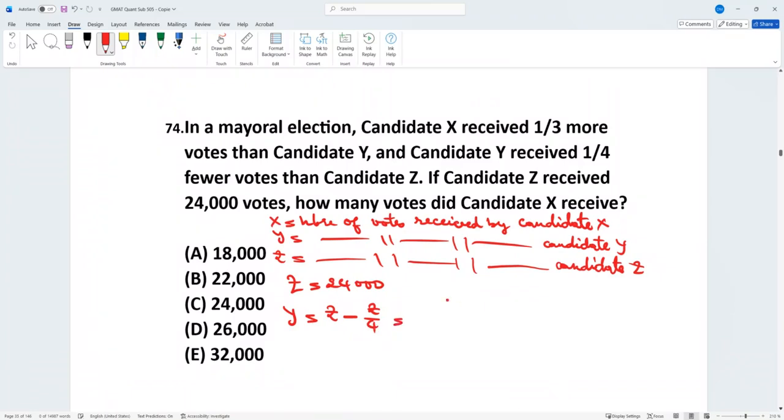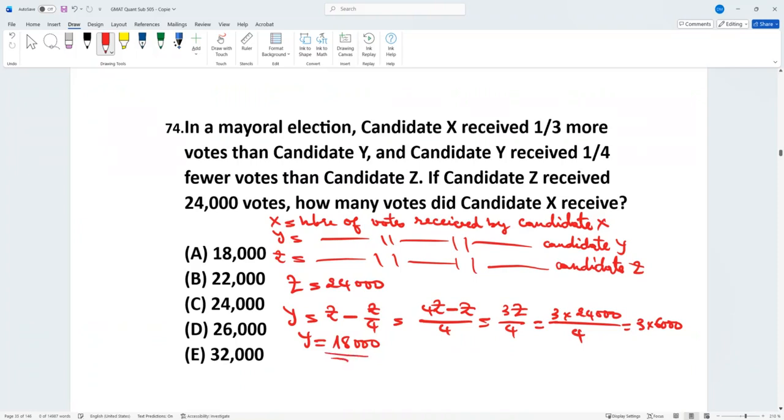Then this gives 4Z minus Z over 4, which is 3Z over 4, which is 3 times 24,000 over 4, which is 3 times 6,000, which means that Y is equal to 18,000.